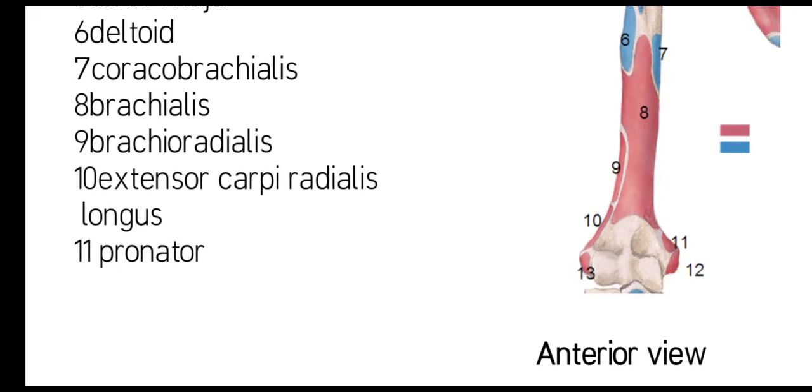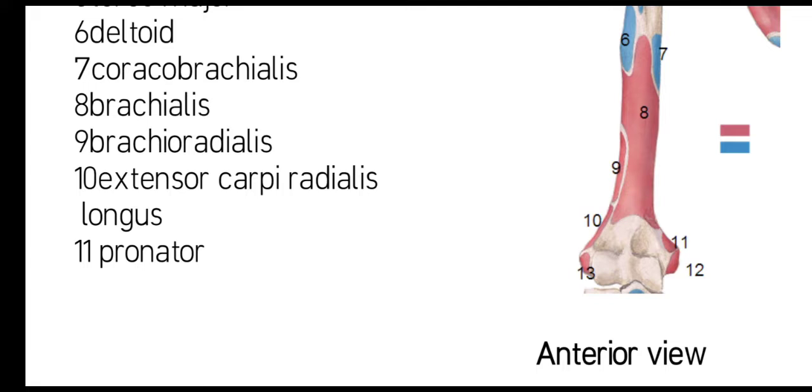Now, as we've seen the names of the muscles, we can predict what they are going to do or where they are inserted or where they originate from. For example, the extensor carpi radialis longus is an extensor muscle, which helps in extension of the joint between the carpals and the radial bone.